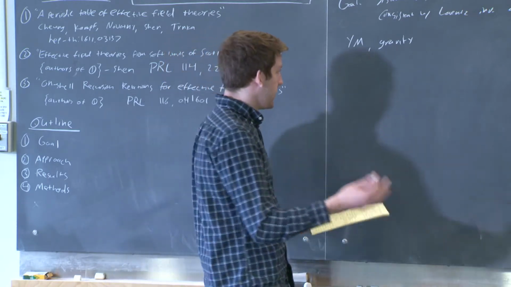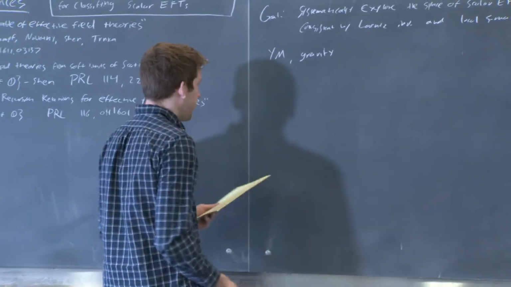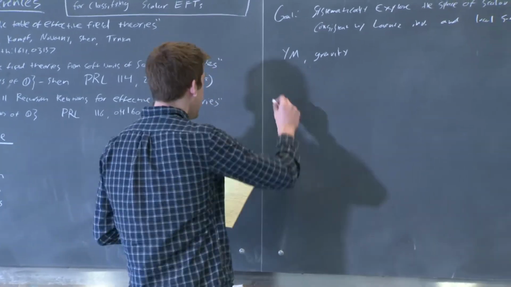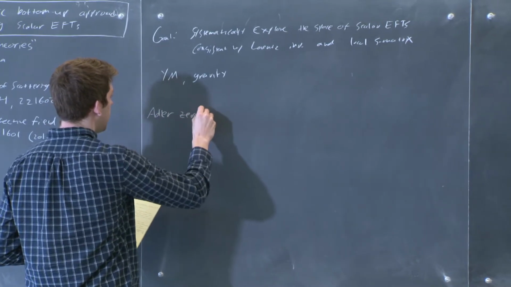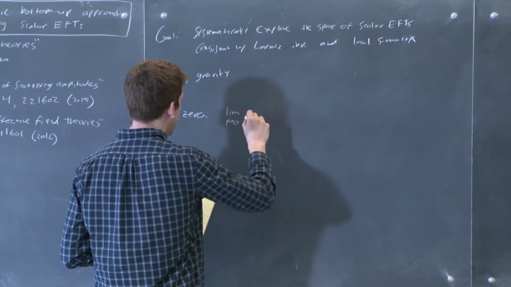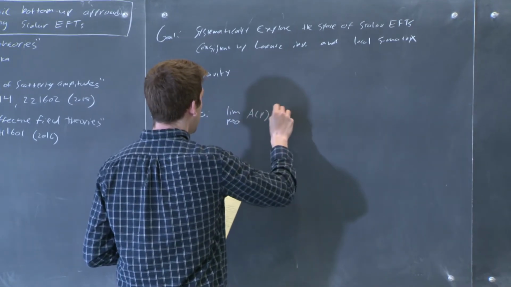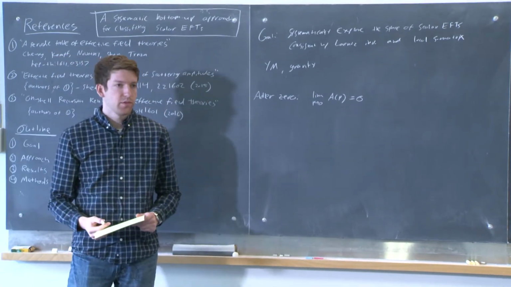OK, so what is the canonical example of symmetry in amplitudes? It's something called the Adler zero. This basically states that if you take the soft limit of a certain amplitude, it will be 0. What kind of amplitude is this?